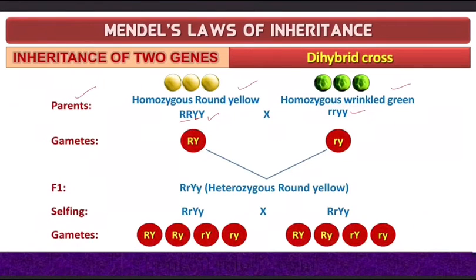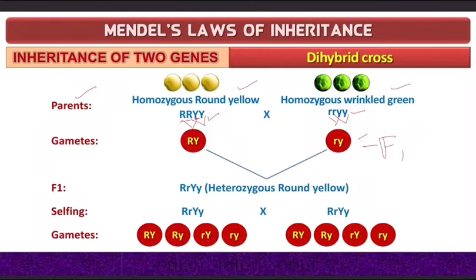From this, one capital R, one capital Y. Why are you saying only one capital R, one capital Y? This is meiosis. The background for this you must understand is meiosis. So meiosis is meiotic 1, meiotic 2. In that, when this division takes place, virtually you have gametes having genotype capital R, capital Y.